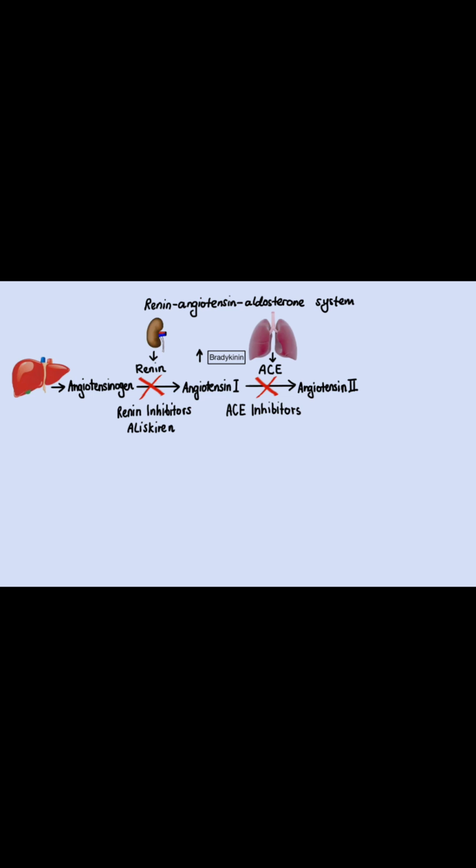Bradykinin is a peptide that causes blood vessels to dilate by stimulating the release of nitric oxide and prostacyclin. However, normally angiotensin-converting enzyme inactivates bradykinin, so its inhibition leads to bradykinin-induced vasodilation. The example of drugs that belong to this class are benazepril, captopril, enalapril, lisinopril, quinapril, and ramipril.